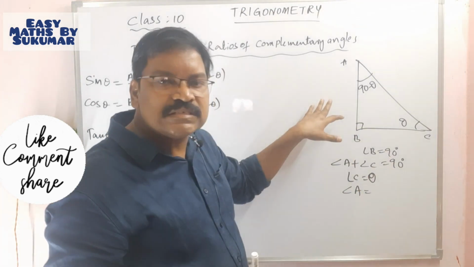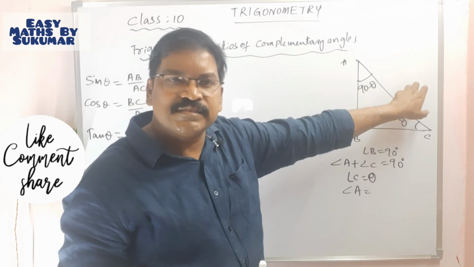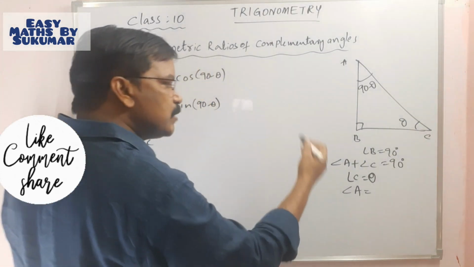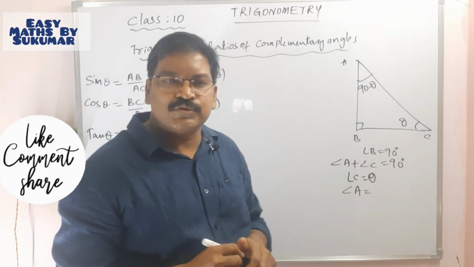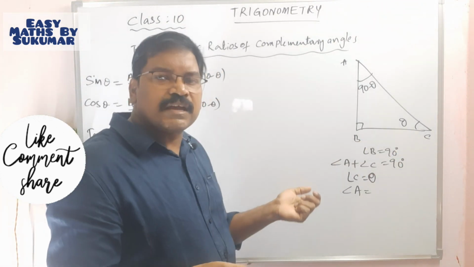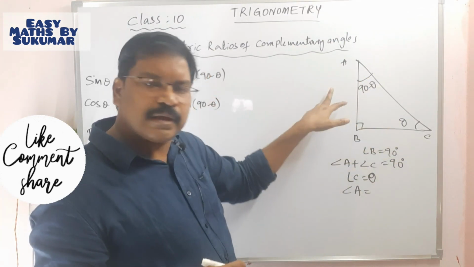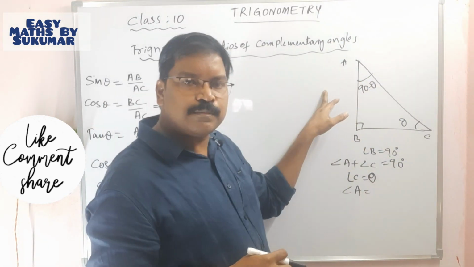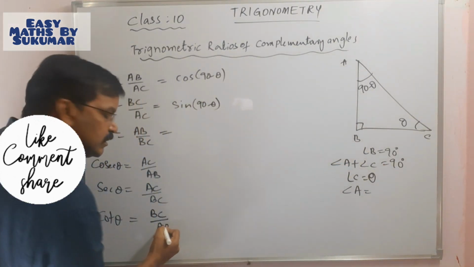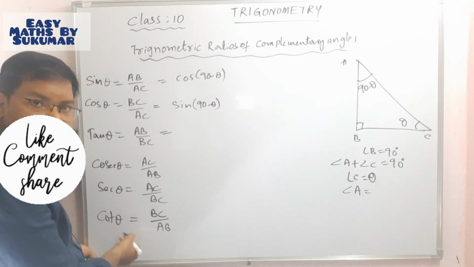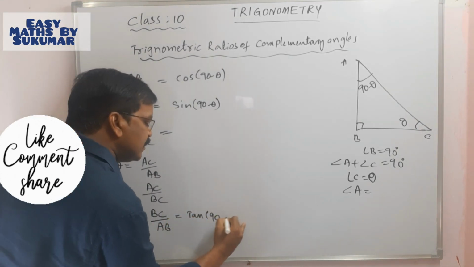Here AB is the adjacent side to 90 minus theta, and AC is the hypotenuse. Opposite side by adjacent side, BC by AB, is tan 90 minus theta. So here BC by AC is cot theta, and this is equal to tan 90 minus theta.